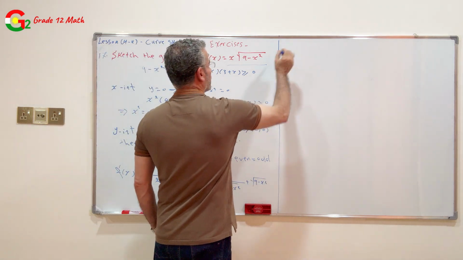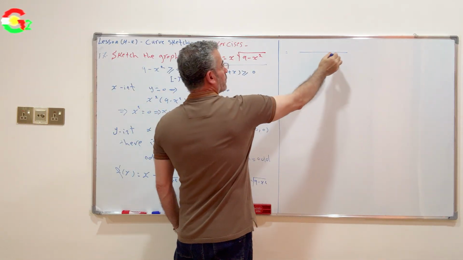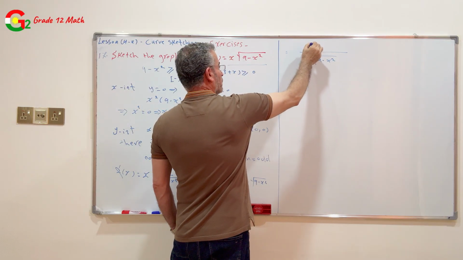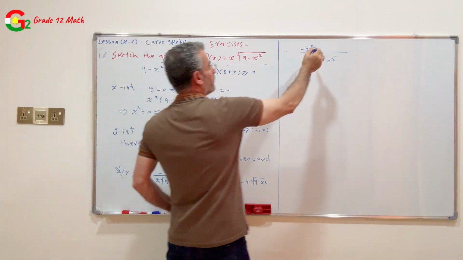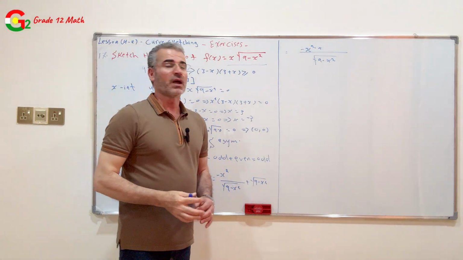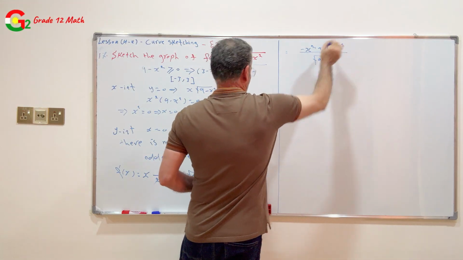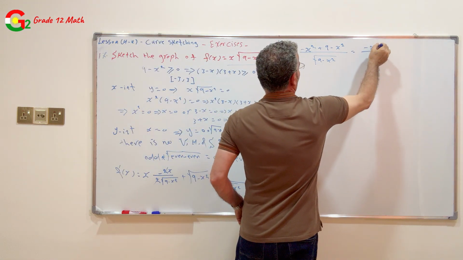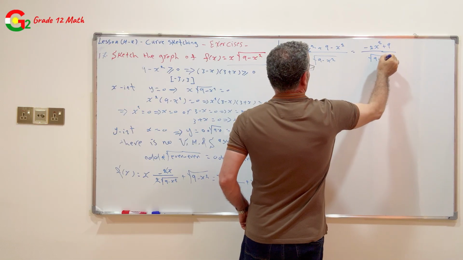Simplify this derivative. The common denominator is the square root of 9 minus x squared. We get negative x squared plus the square root of 9 minus x squared times the square root of 9 minus x squared, which is 9 minus x squared. This equals negative 2x squared plus 9 over the square root of 9 minus x squared.